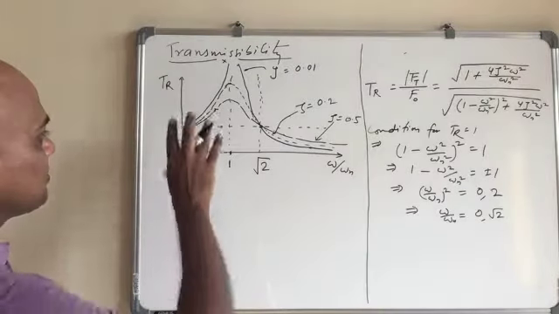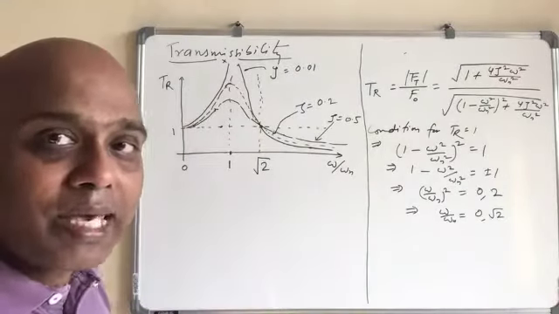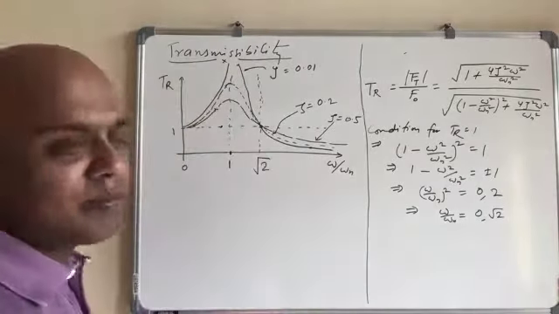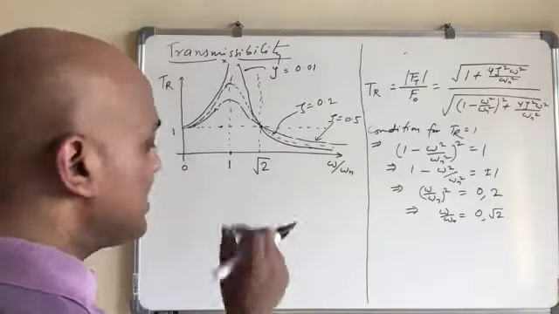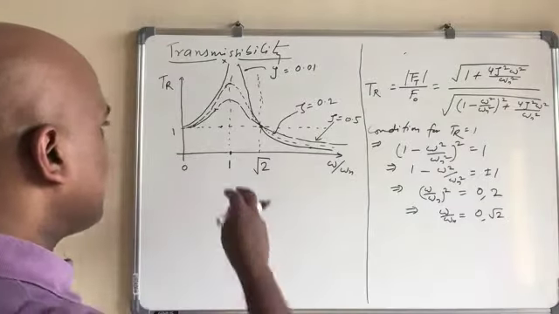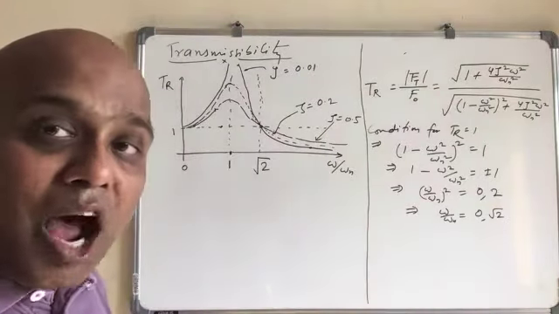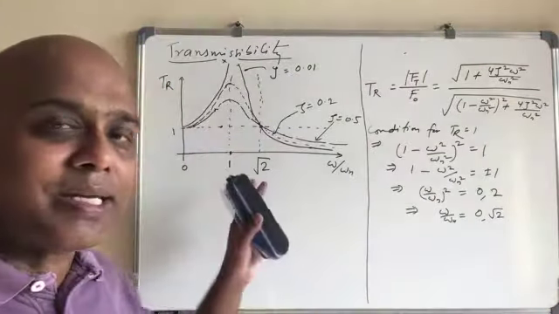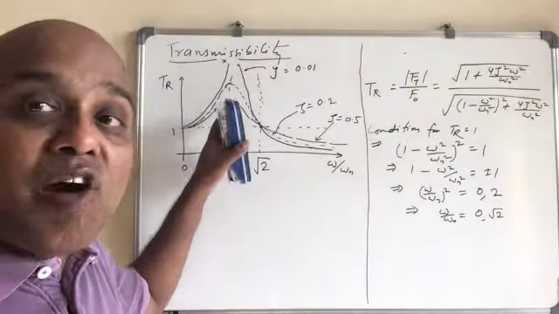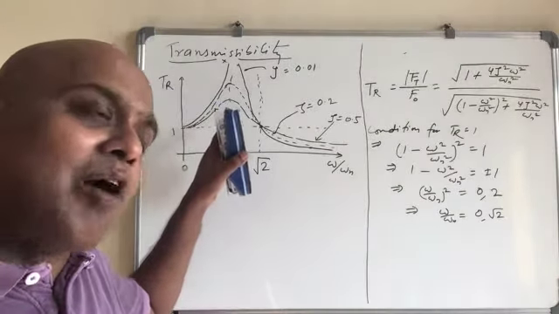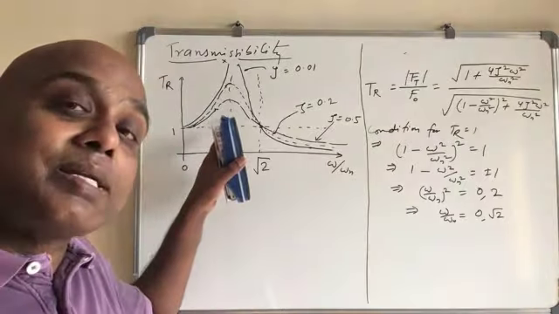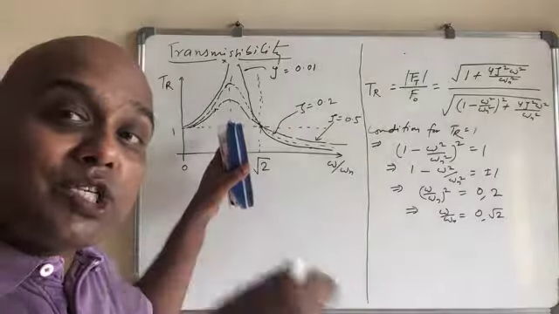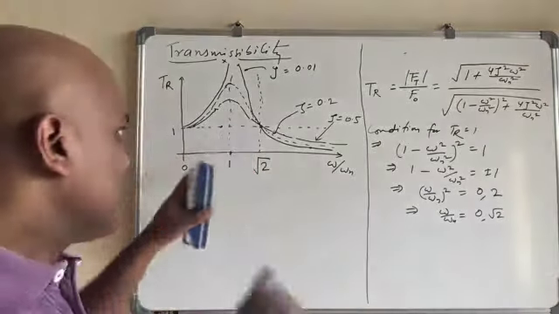But in any case, this will also be applicable, a similar kind of transmissibility, or rather in that case you will get the output displacement divided by input displacement, which will also look like this one. Right now it is output force divided by input force, where output force means the force which is being transmitted to the ground, divided by input force, that means the amplitude of the force that you are giving.